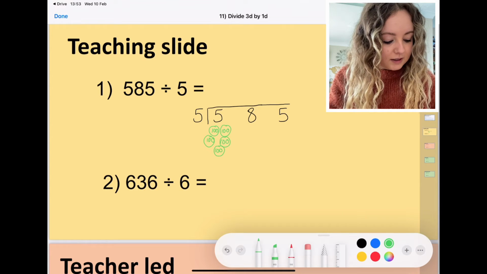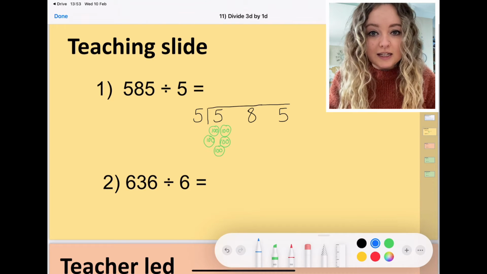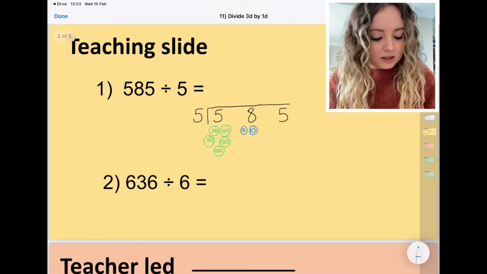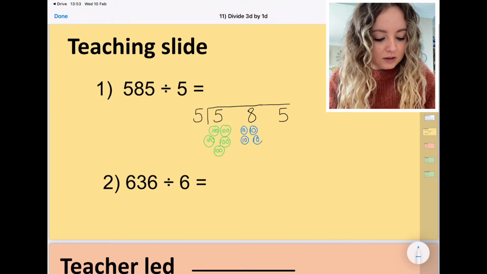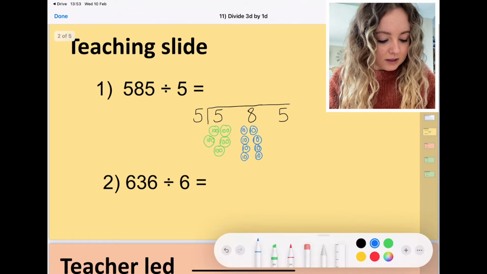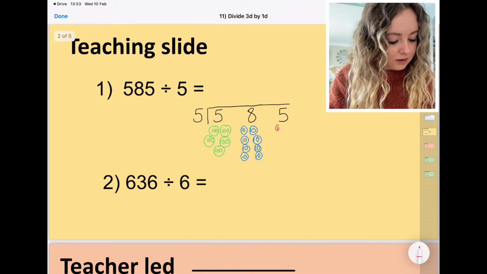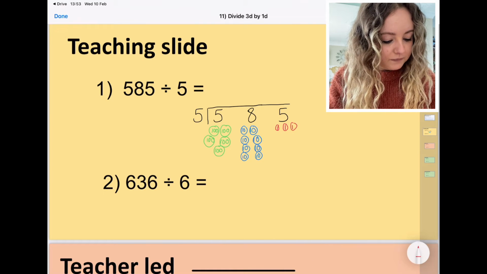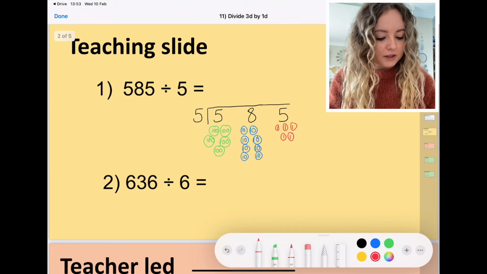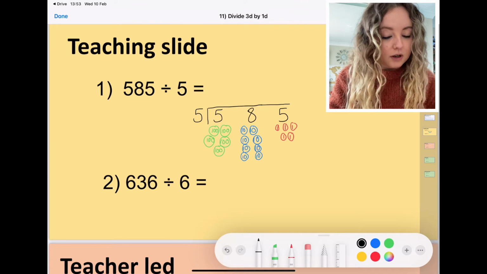And then the next one is our tens, and we have got 8 tens, 80. 1, 2, 3, 4, 5, 6, 7, 8. And the last one, we have got 5 ones. 1, 2, 3, 4, 5. Okay, so let's begin. I'll go back to black for our answer.